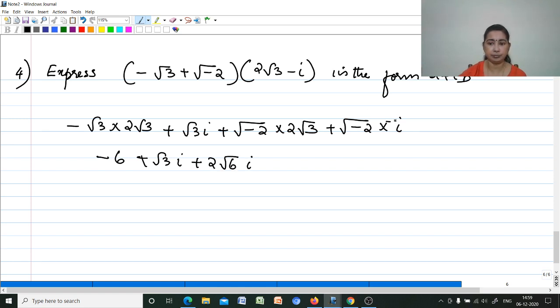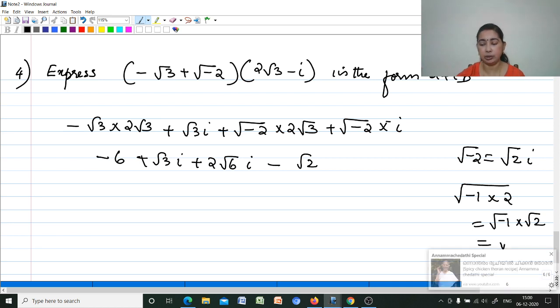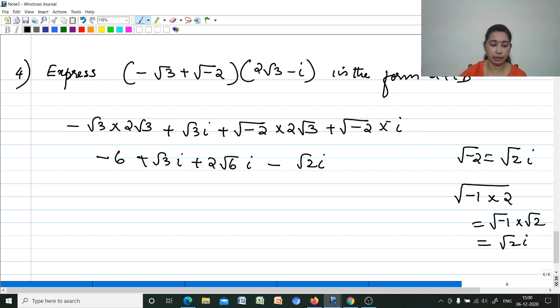Then last term minus root 2 into i square, because what is root of minus 2? Root of minus 2 is root 2 into i, because root of minus 1 into root 2 gives root of minus 2. So instead of this what can you write? Root of minus 1 into 2, which is the same as root of minus 1 into root of 2, that is equal to root 2i. So last term is root 2i.